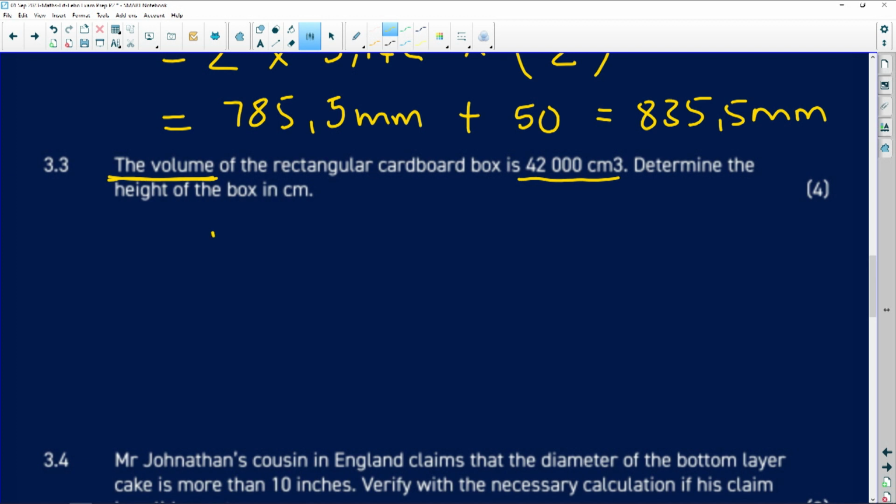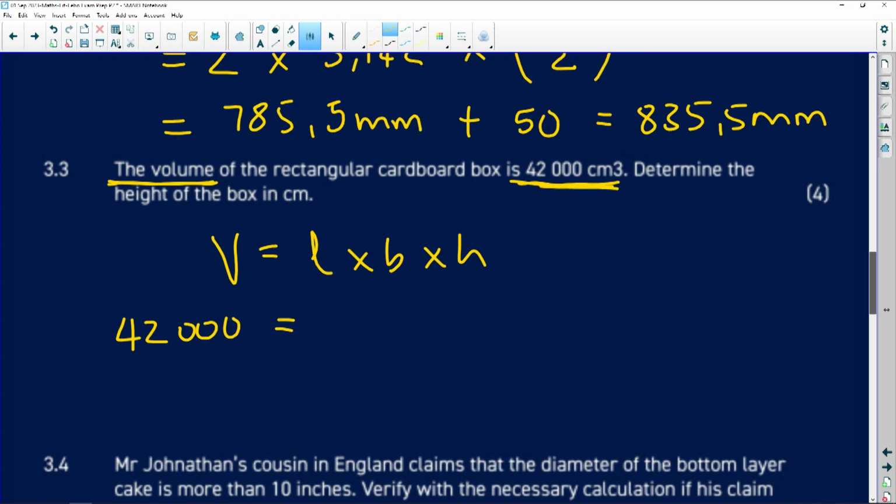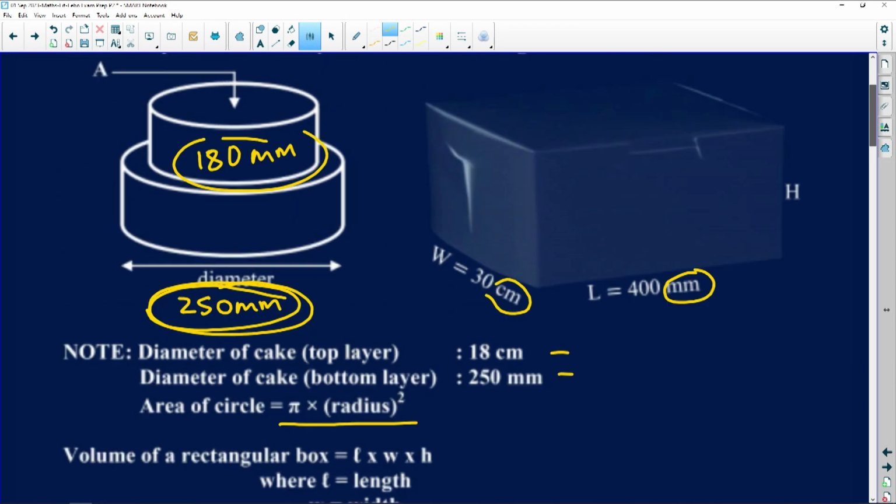So we know that the volume of the box is length times breadth times height, and it's also given as that. I take this and I put it into my formula exactly as it is. So that's going to be 42,000. You see, and I go see what the length is.